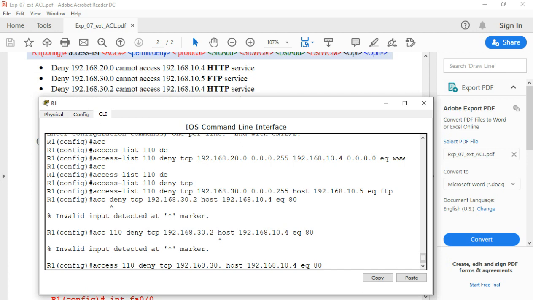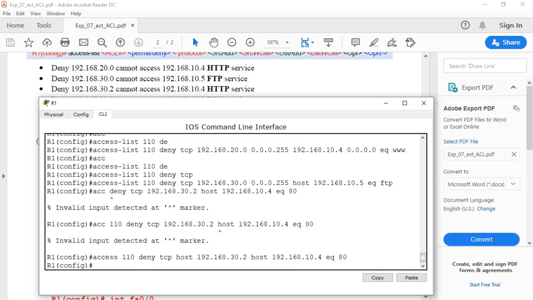Yes, it's a host, and we didn't write the wildcard for it. Then host, this one no need to write wildcard because we wrote host, or we can remove this one and write host before it. Yes.